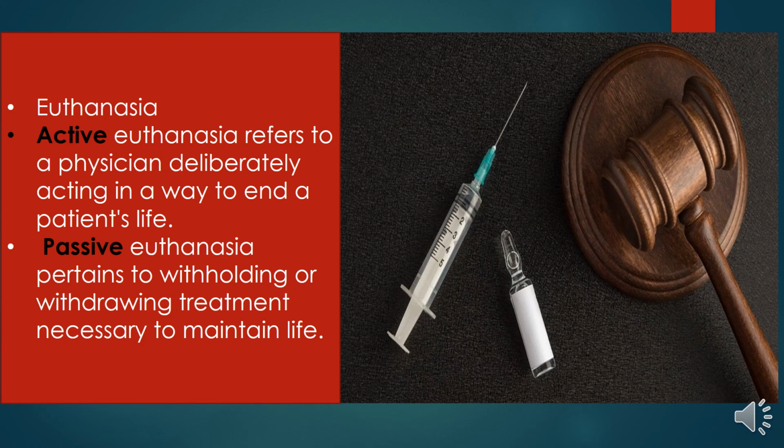And passive euthanasia is withholding or limiting life sustaining treatment so that a person passes more quickly. For example, increasingly high doses of some painkiller medications, over time they become lethal, they become toxic. So that is passive euthanasia.